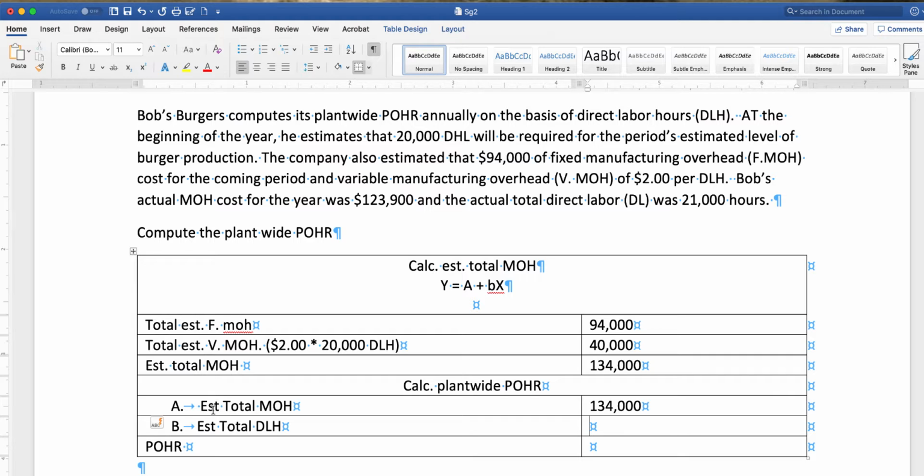He estimated 20,000 hours. So how do I get my POR? That's easy. I take the estimated total MOH divided by the estimated total direct labor hour, or since I lettered them A and B, A divided by B.